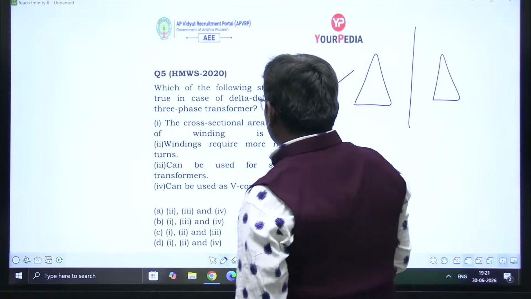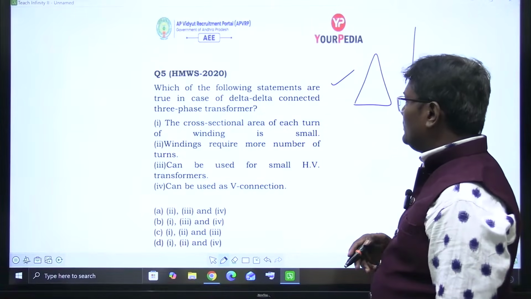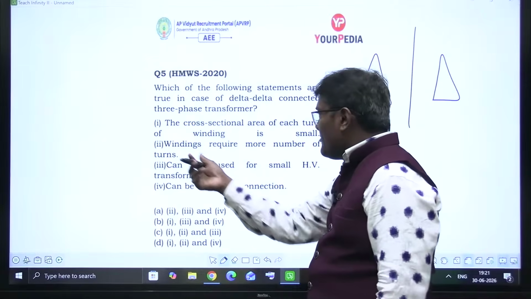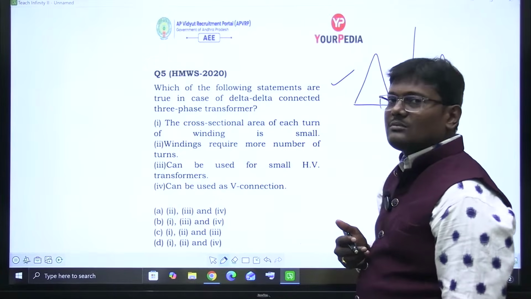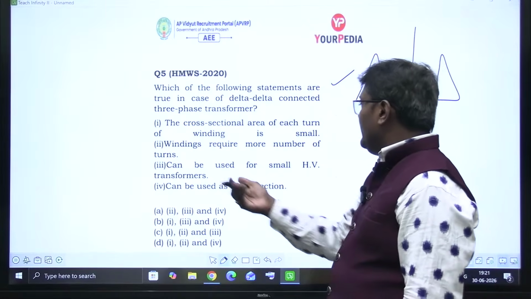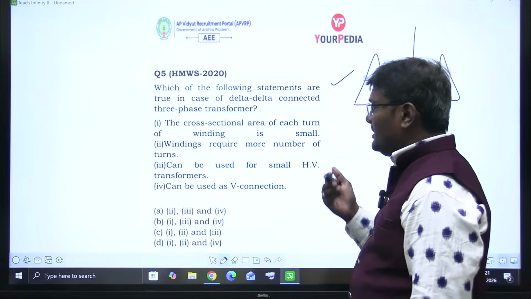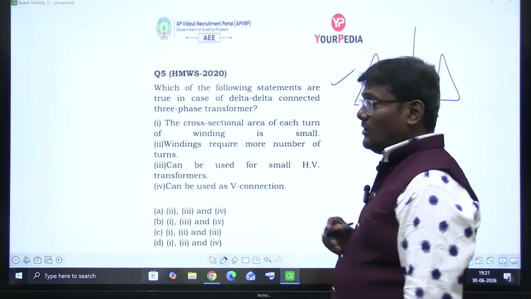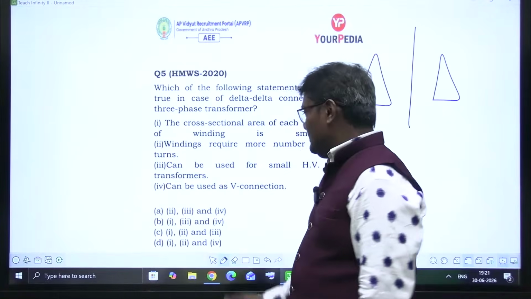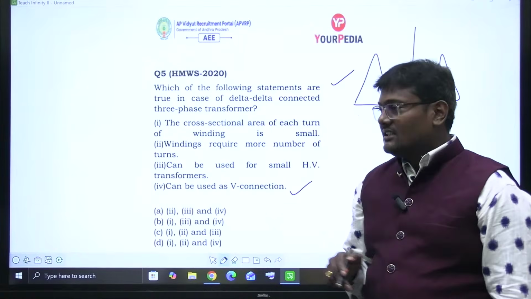And windings require more number of turns. Can be used for small HV transformers. Can be used for V connection. So out of these options, we know that open delta connection is possible by using a delta-delta connection.